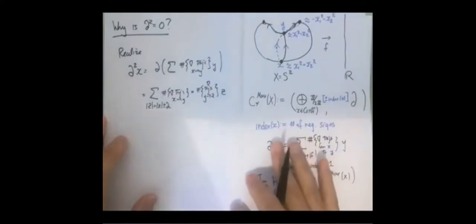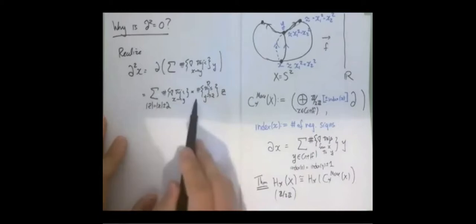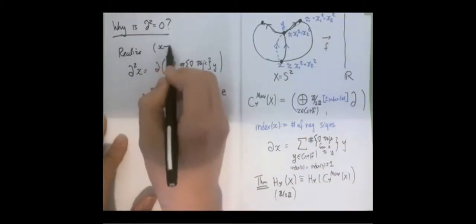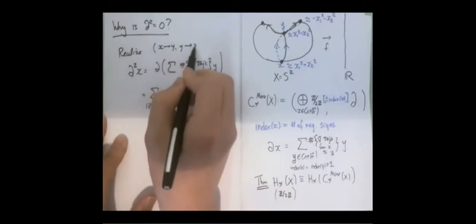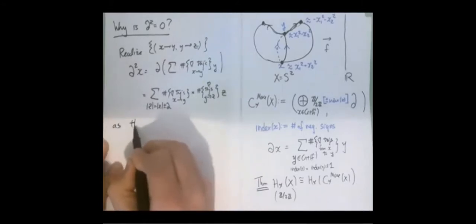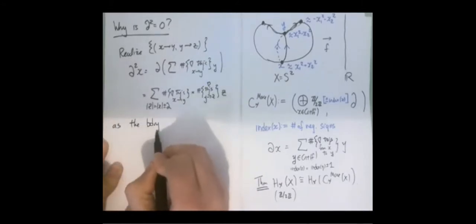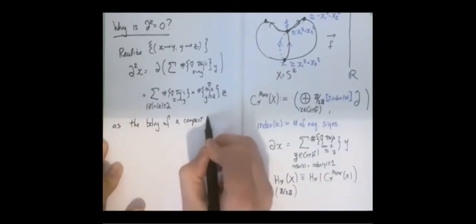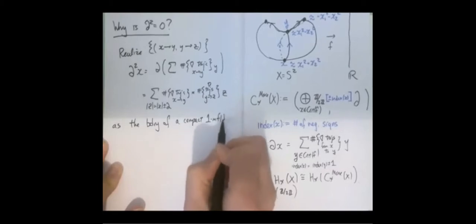Okay. And so what we're going to do is we're going to realize the set of pairs, a gradient trajectory from x to y and gradient trajectories from y to z, so the set of such pairs, as the boundary of a compact one manifold with boundary.